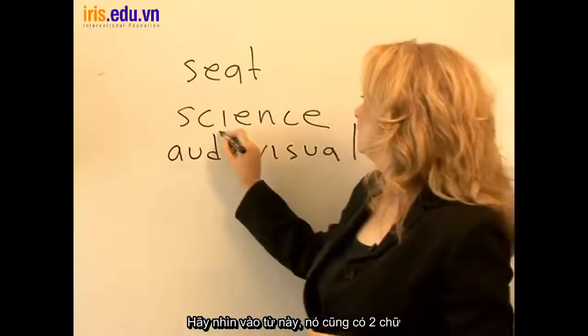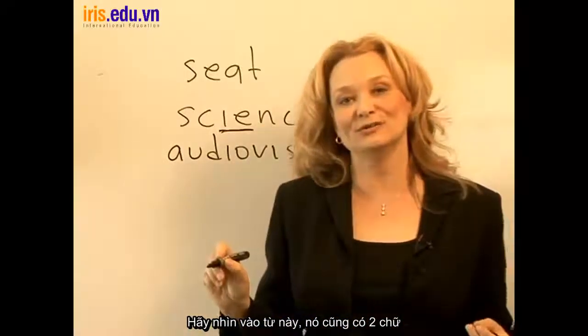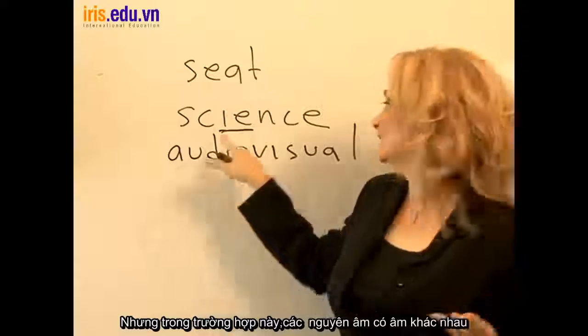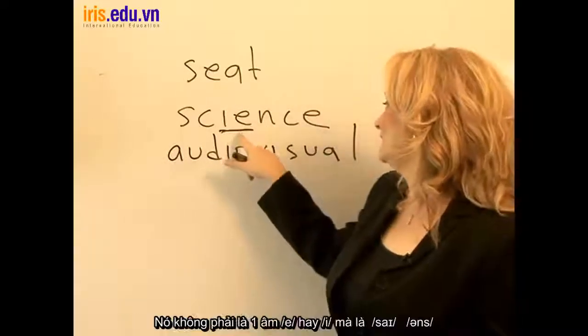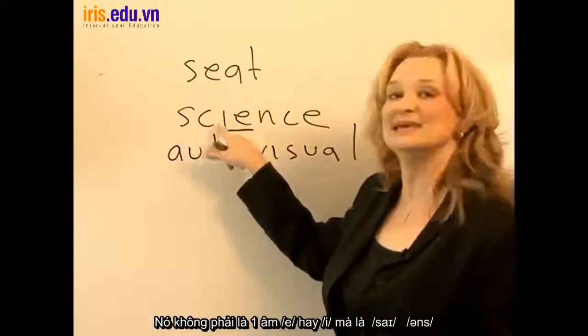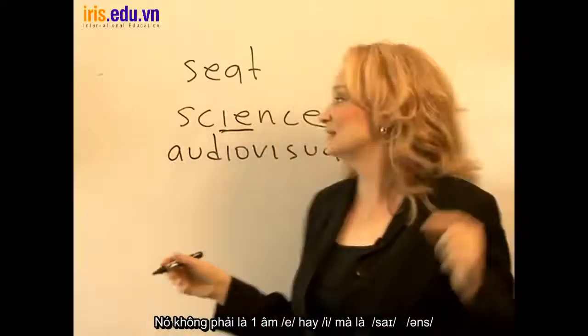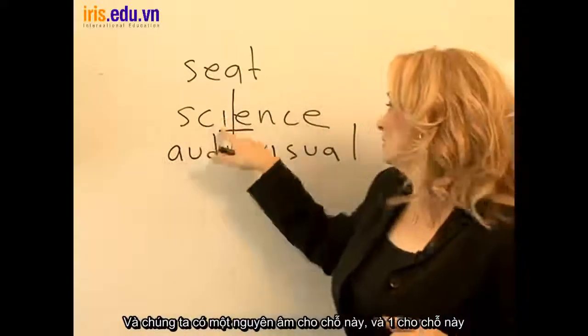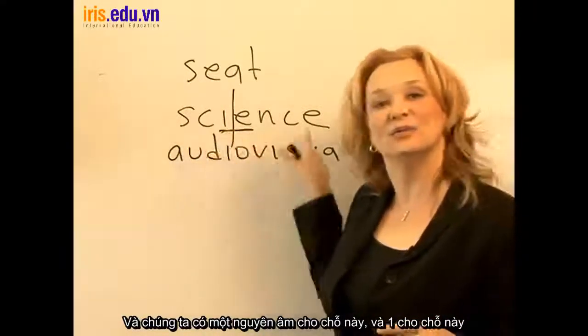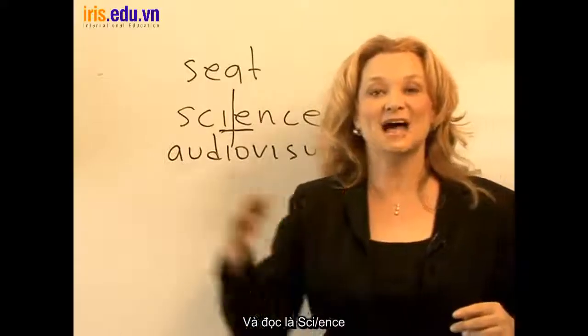This also has 2 vowel letters, but in this case, the 2 vowels have different sounds. It's not E or A, it's I-ye, science. We break up the word right here in the middle, and we have one vowel on this side and one vowel on that side, and we say science.